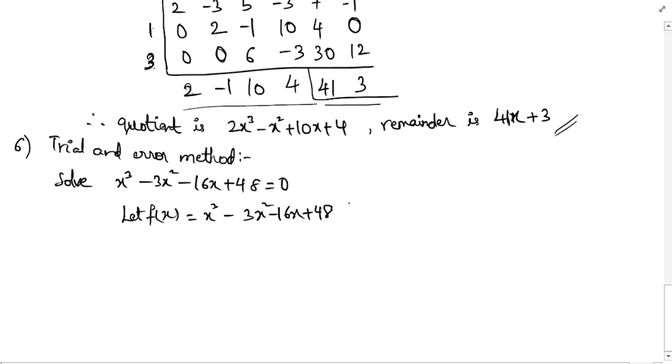Now instead of directly going to the synthetic division, first we'll find out one of the roots of this expression using the trial and error method, like by inspection. We just have to guess, like inserting 1 in the above expression, inserting 2, inserting 3.